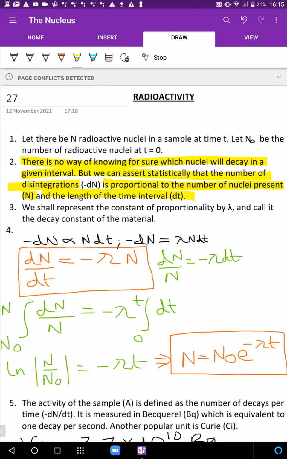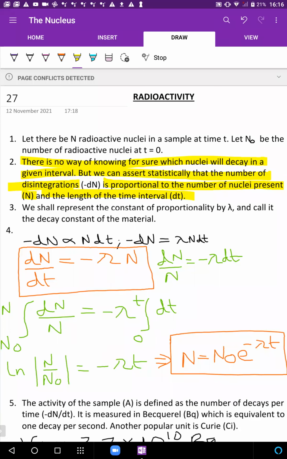Then now people won't die at a rate of 100 per minute, but at a rate of 90 per minute. So if the time interval is too large, naturally the total number of people, or here in this case the total number of nuclei, will change. And accordingly, the rate at which nuclei are decaying also will change, right?